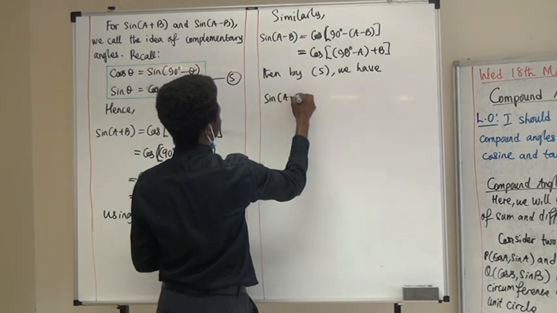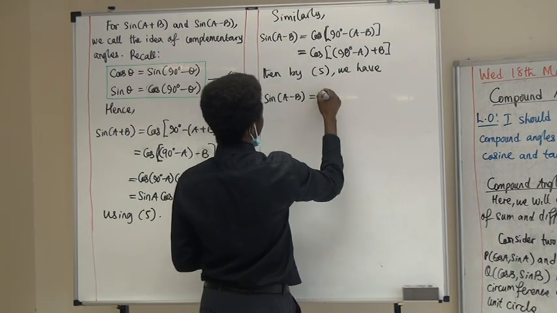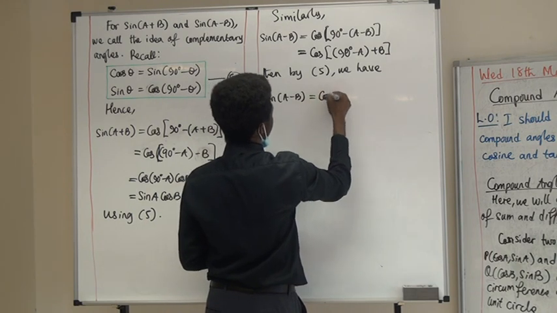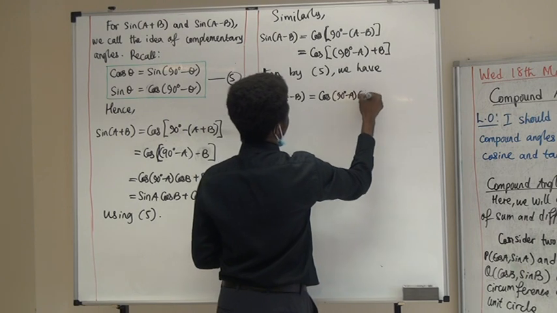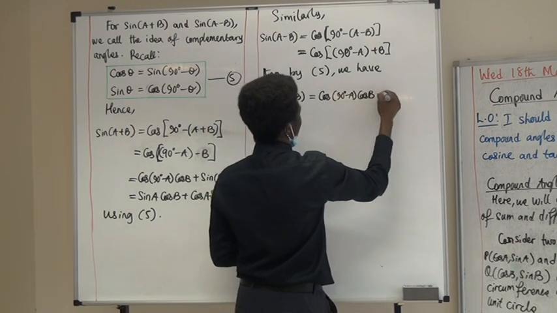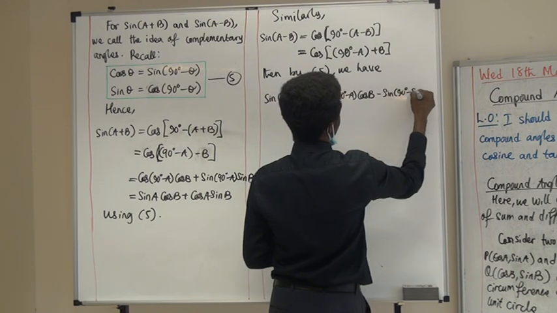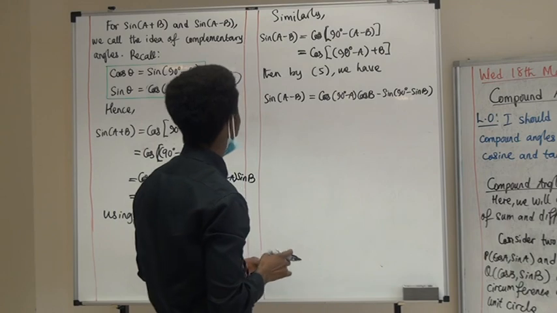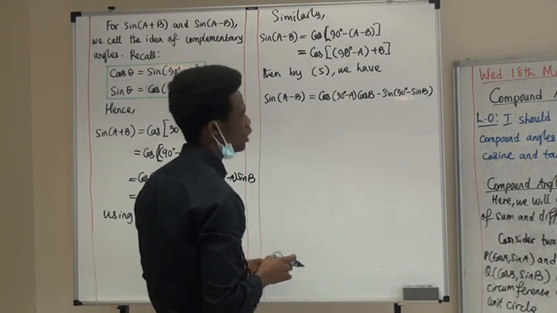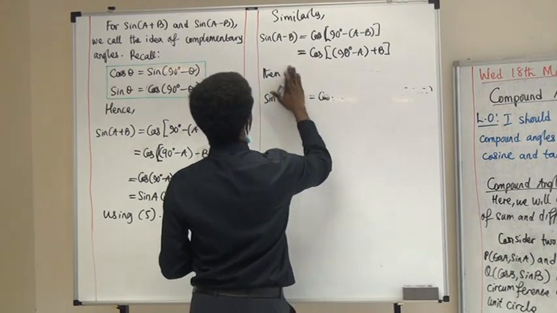Sine (A minus B) is equal to cos (90 minus A) cos B minus sine (90 minus A) sine B. Actually, I stated equation 5 in the wrong place.